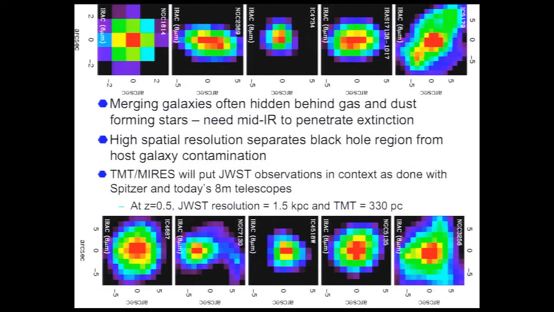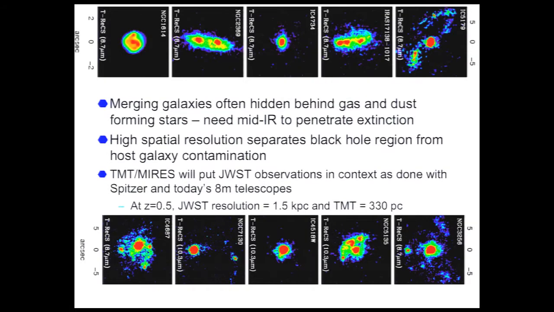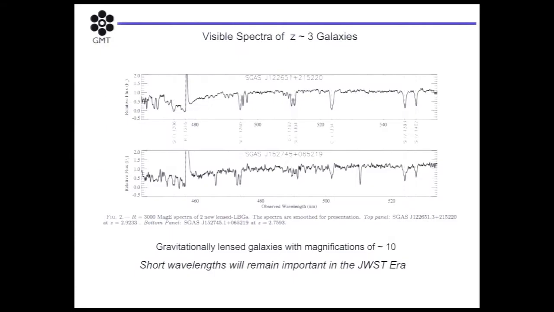Further out, the study of merging galaxies is also important for us to understand, because they very often trigger episodes of star formation. And of course, by being able to go to higher and higher resolution, this will allow us to understand better what the merging process is to create larger galaxies.